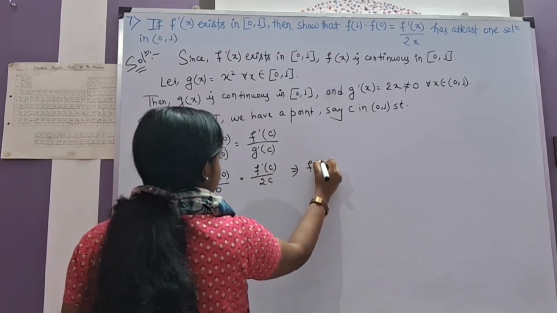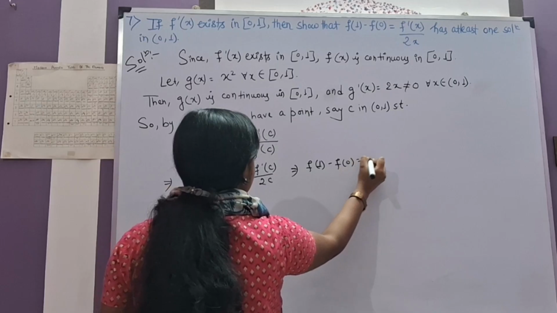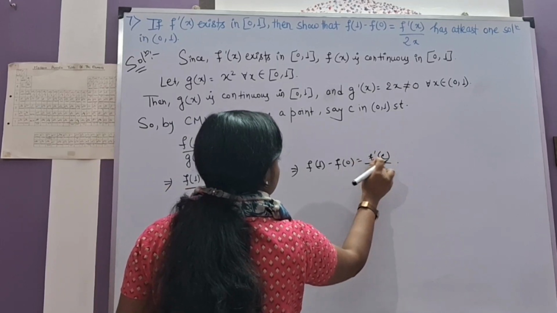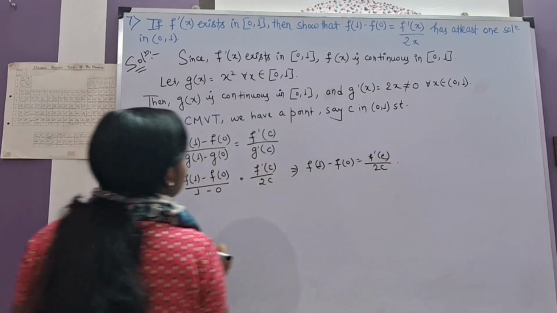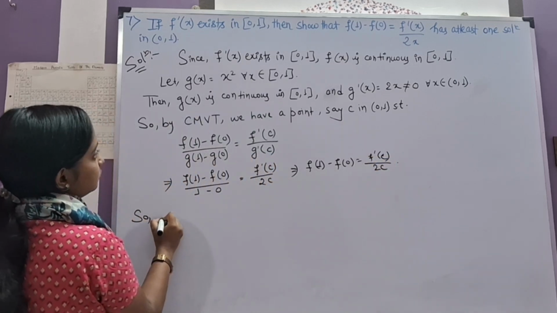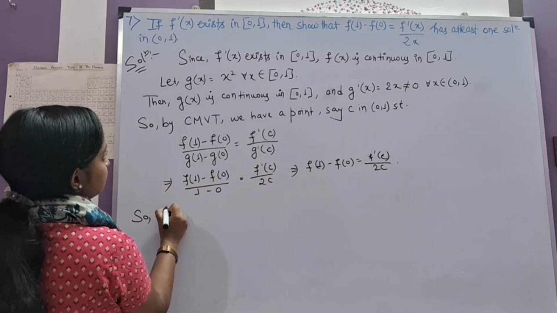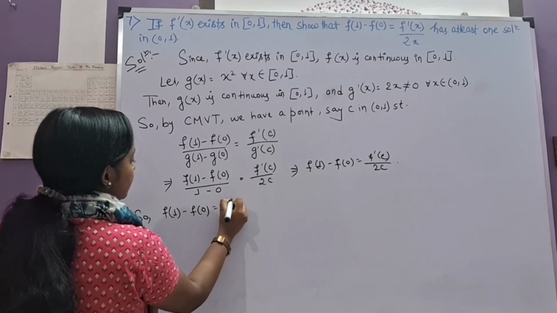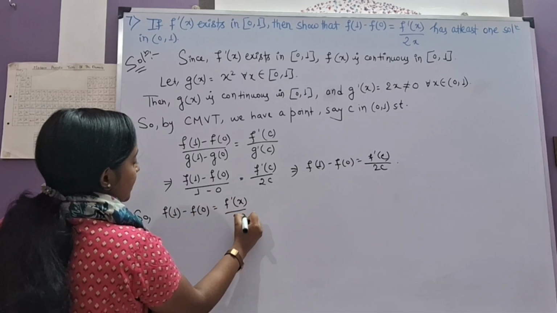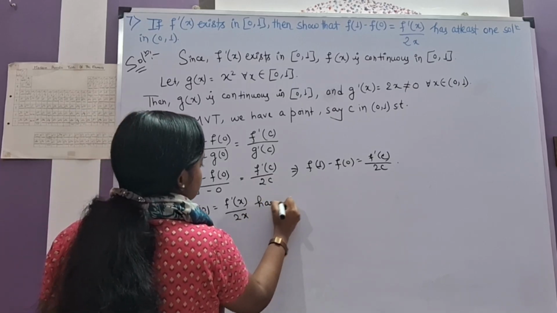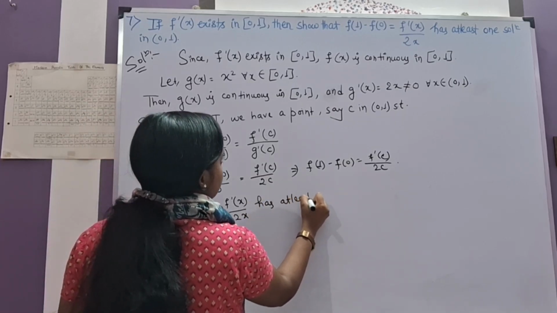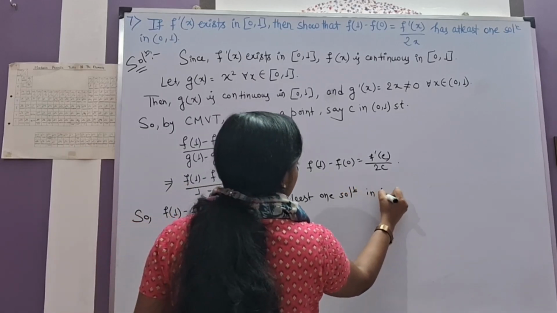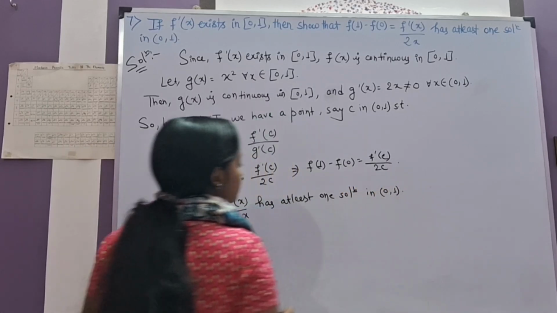So this implies f of 1 minus f of 0 equal to f dash of c by 2c. So f of 1 minus f of 0 equal to f dash of x by 2x has at least one solution in open interval 0, 1.